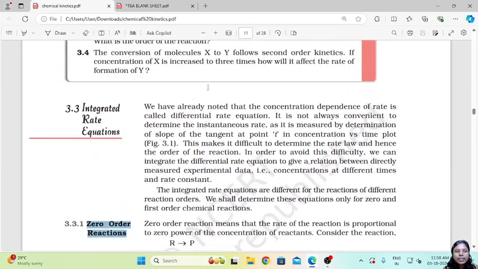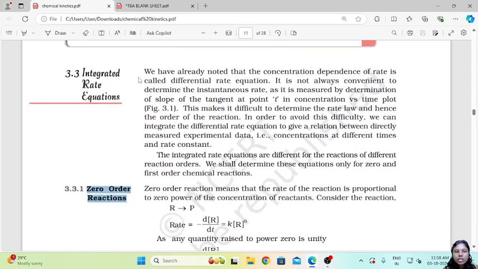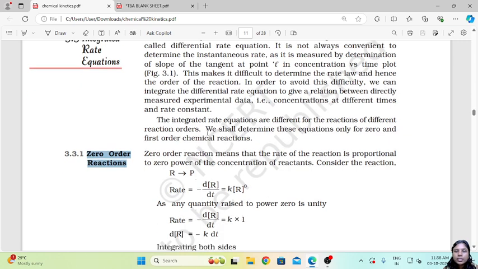Now let's look at the integrated rate equations. We have already noted that the rate depends on the concentration, called the differential rate equation. It is not always convenient to determine the instantaneous rate, as it is measured by determining the slope by drawing tangents at point t in the concentration versus time plot. This makes it very difficult to determine the rate law and hence the order of the reaction.